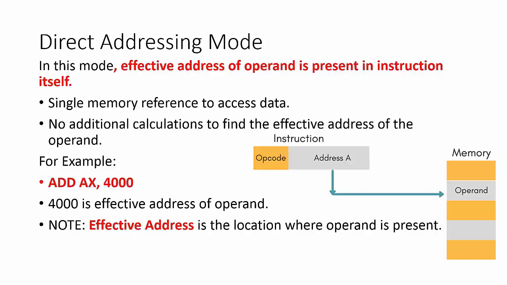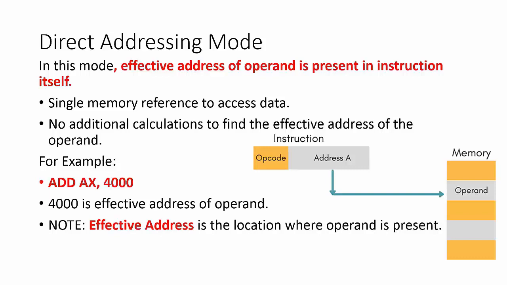So in the direct addressing mode, the effective address of the operand is present in the instruction itself. In this mode, a single memory reference is needed to access data. It means we can directly access the operand from the main memory.